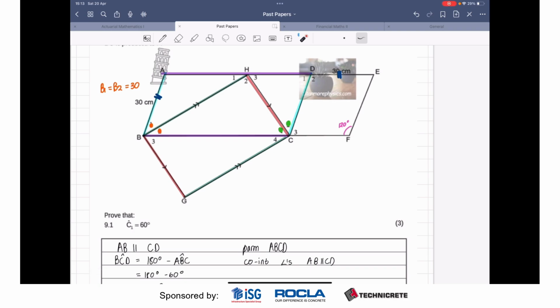So I'm going to start by saying that B3 is equal to C2, which is 60 degrees, and that's because of the red parallel sides. And then I'm going to say that B2 is equal to C4 is equal to 30 degrees, and that's from the green parallel lines.